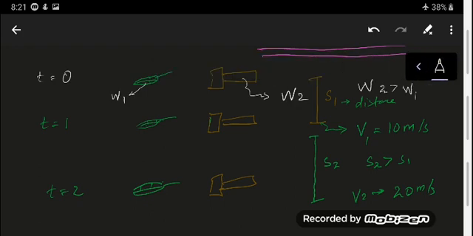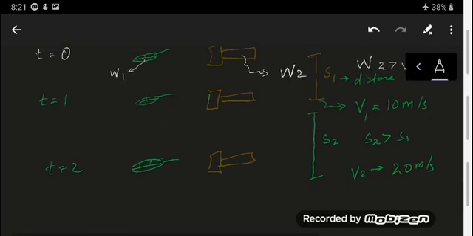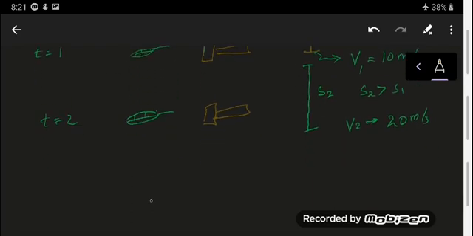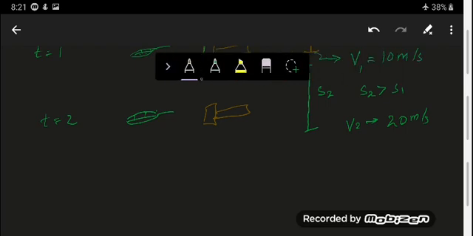What happens at time t is equal to 3 is, let's say they fall on the surface of the earth. So now the distance is even greater.